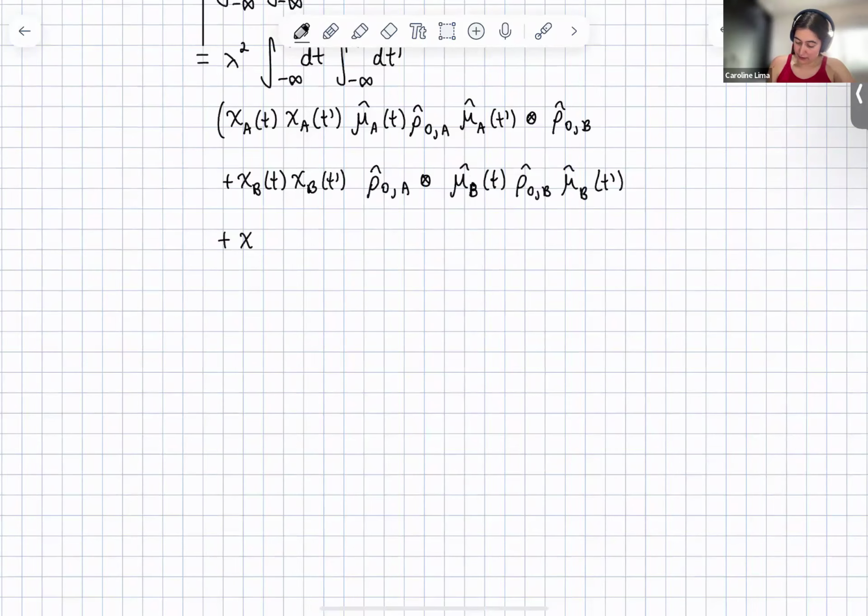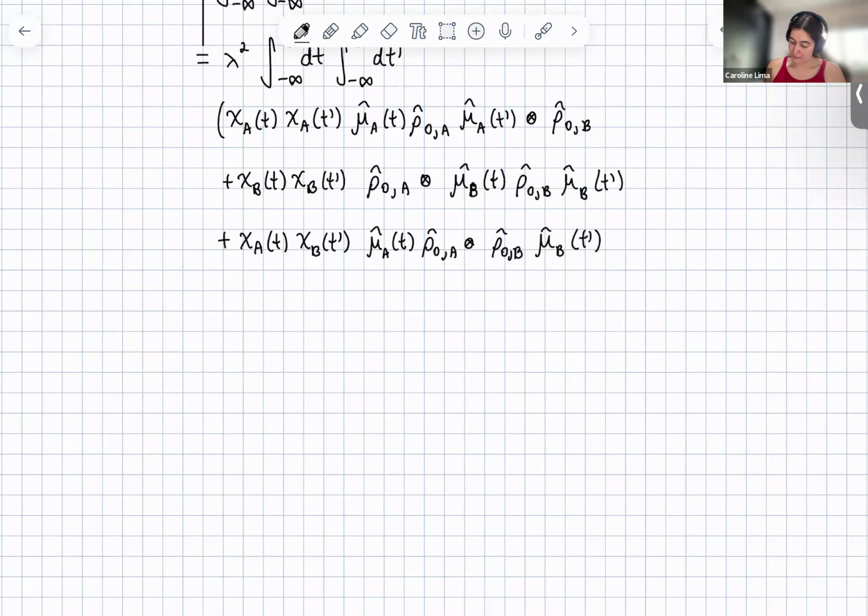So the cross terms would be chi A of t, chi B of t prime. And then I'm going to act with A on the left, so mu A of t times rho 0A. And then I have B, but B is going to act on the right. So I have rho 0B, mu B of t prime.